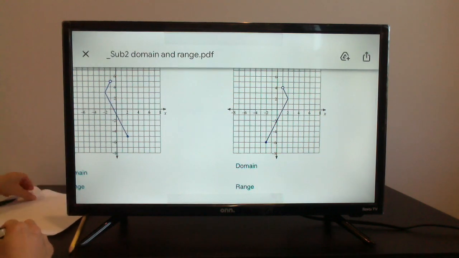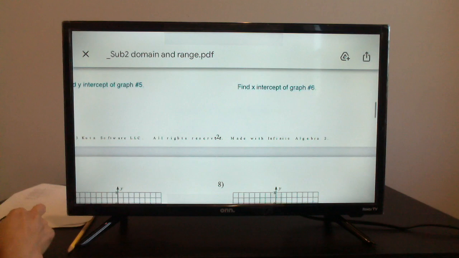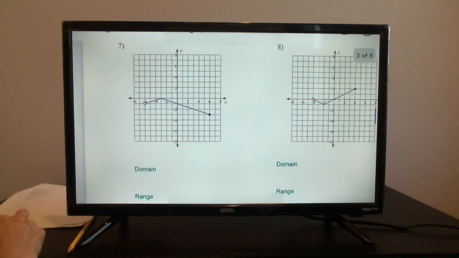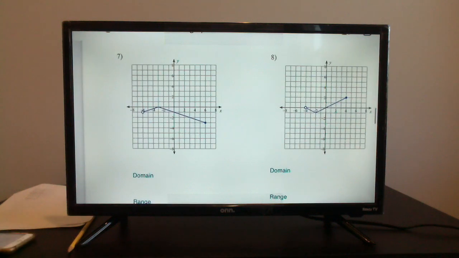And next is number 7. What's the domain and range? And find the average rate of change over the interval 3 to 6. Okay. So let's find the domain and range first.